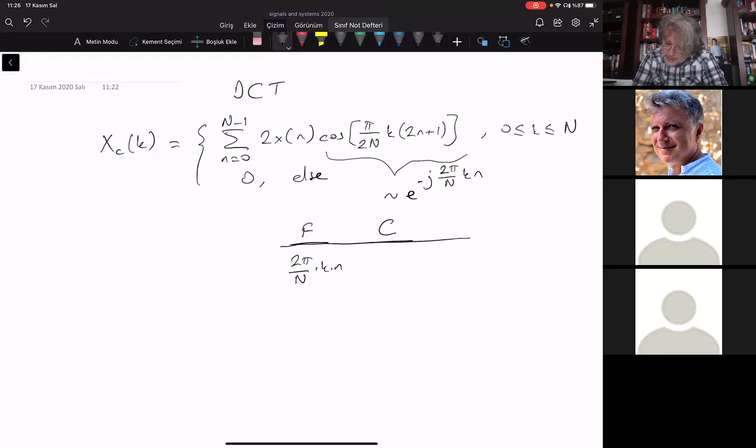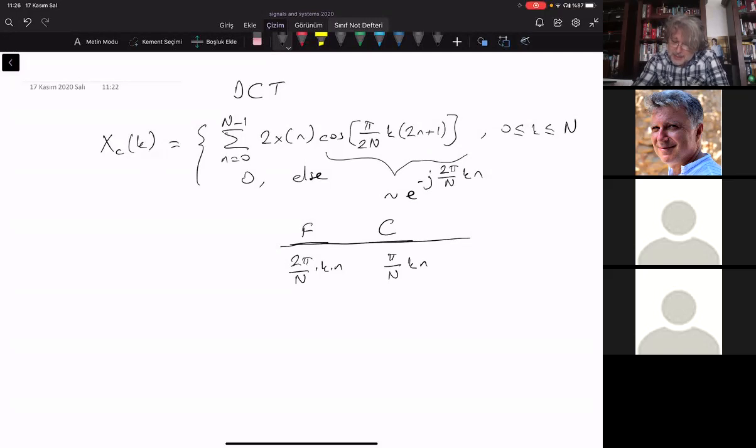let me put it like this, the angle is pi k n over capital N. I'm trying to write it as analogous as possible. Why did I say it that way?